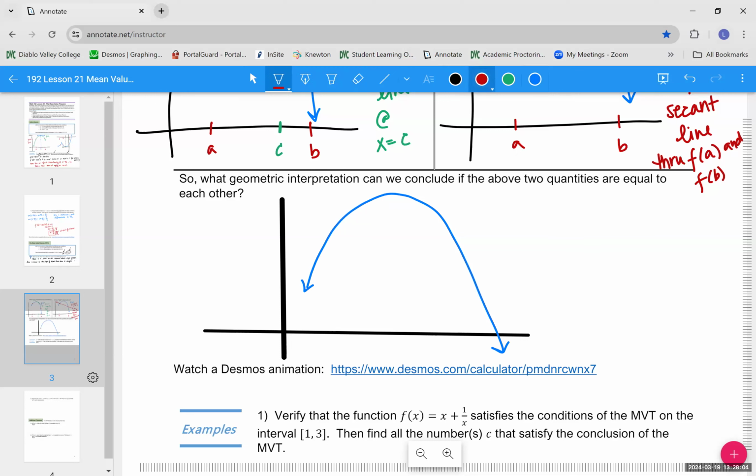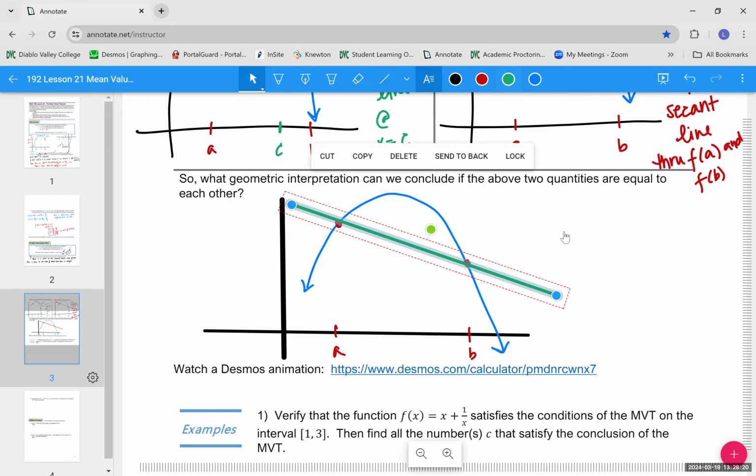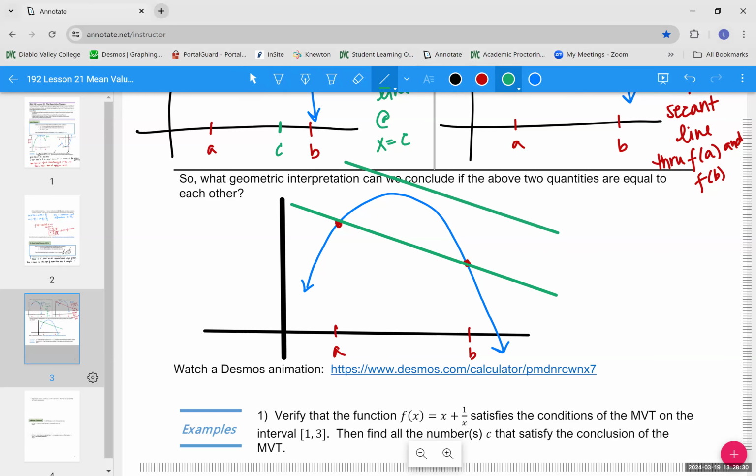I'm going to have my a and my b and the secant line that goes through those two points. And then I'm going to have my c, and what I want to do is get my tangent line to be parallel.